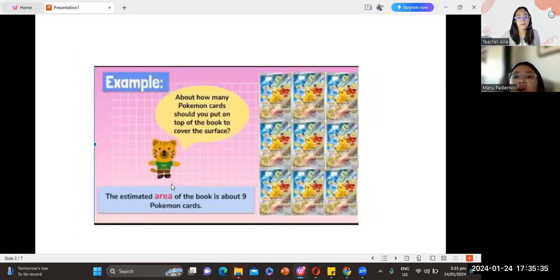About how many Pokemon cards should you put on top of the book to cover the surface? The estimate is about 9 Pokemon cards. So that is our example.